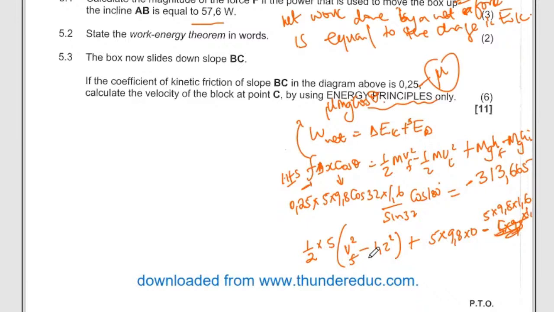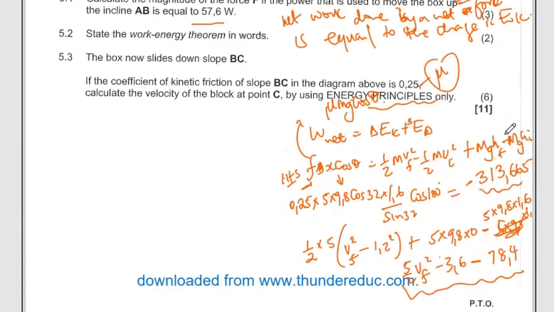So when I simplify this, I'm having 5 over 2 VF squared. I open this: 12 squared times 5 over 2 gives me 360. So minus 360, then minus 5 times 9.8 times 1.6, that is 78.